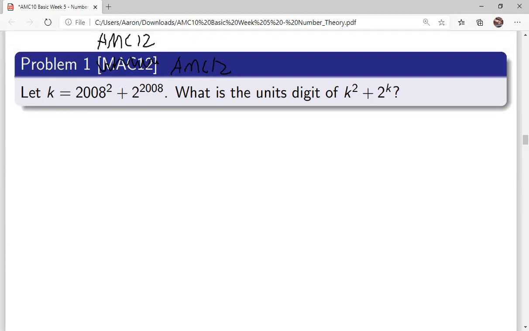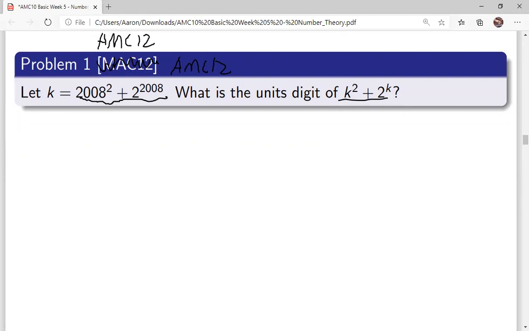All right, I'll start going over this now. We let k be 2008 squared plus 2 to the 2008. And you want to find the unit digit of k squared plus 2 to the k.